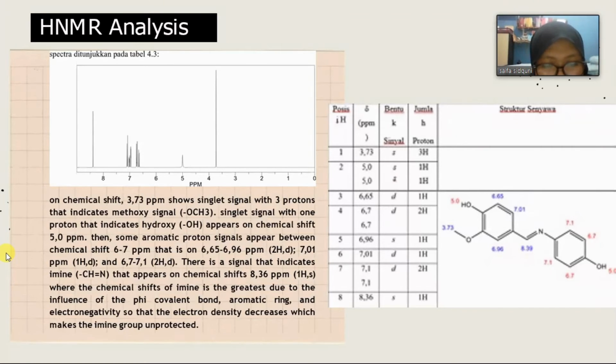There is a signal that indicates imine that appears at chemical shift 8.36 ppm, where the chemical shift of imine is the greatest due to the influence of the pi covalent bond, aromatic ring, and electronegativity, so that the electron density decreases, which makes the imine group unprotected.